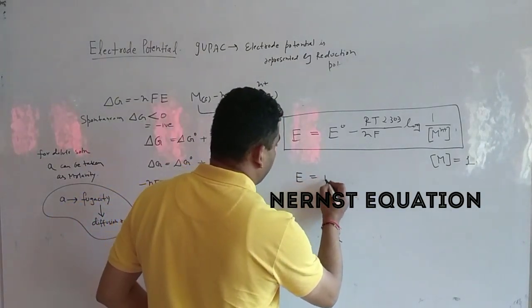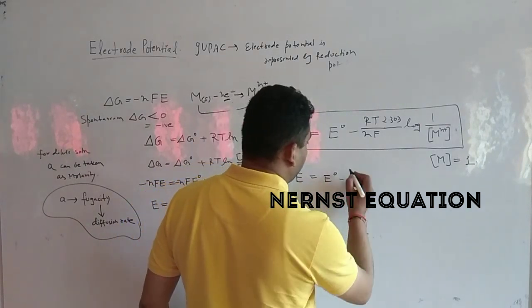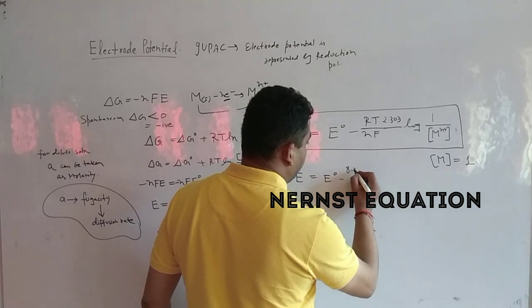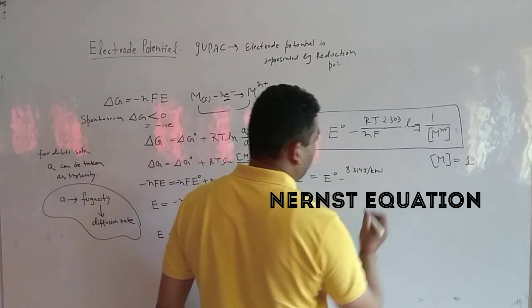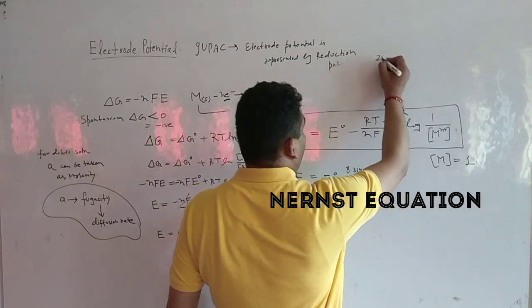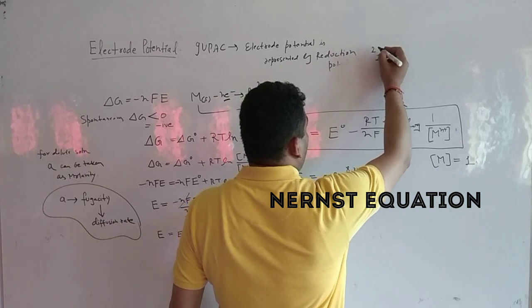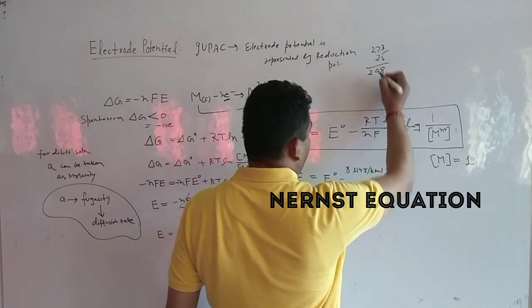How? This is E, you can write E standard here. So this is minus, the value of R is 8.314 joule per Kelvin per mole, right? T, you will take 25 degrees Celsius, that is 273 plus 25, that is 298.